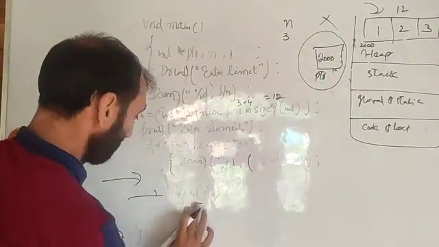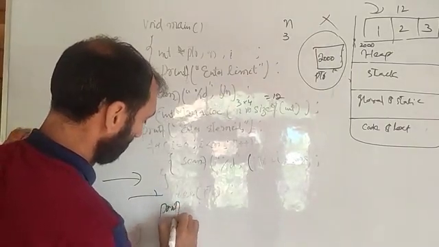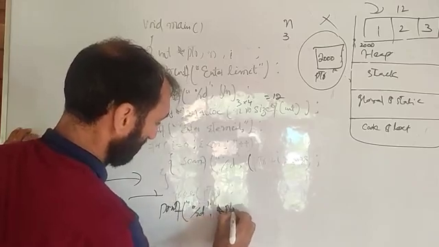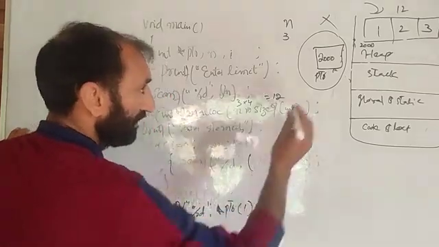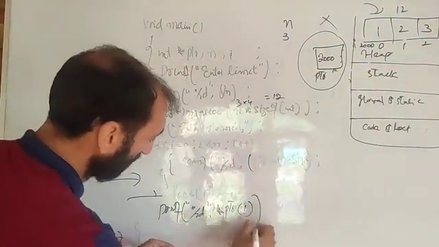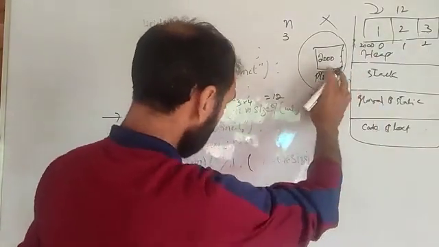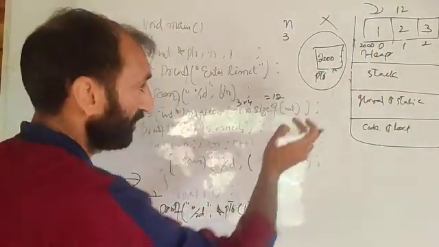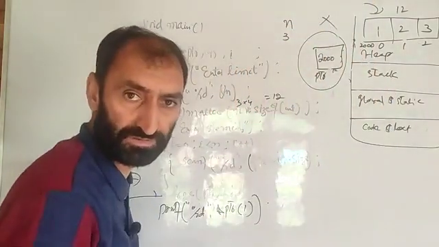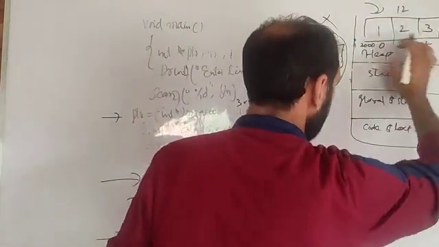If I try to dereference it later, for example, if I write printf %d and PTR[1], where it is the 0th location, the first location and the second location, here I am going to access this location, but it will show me some undefined behavior, because this PTR is no longer connected with this memory location.